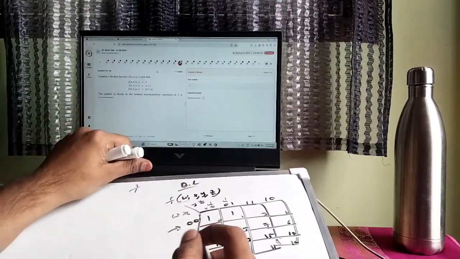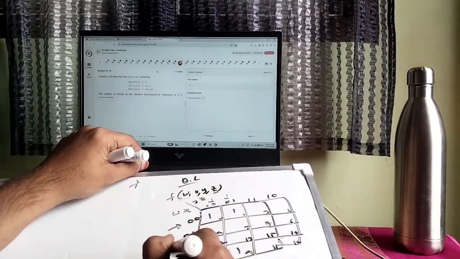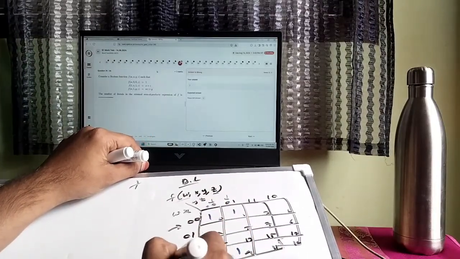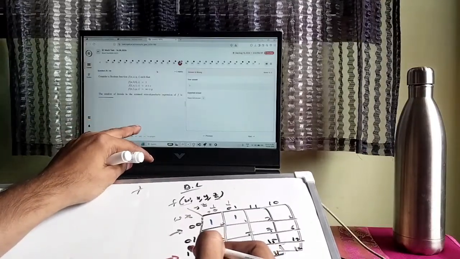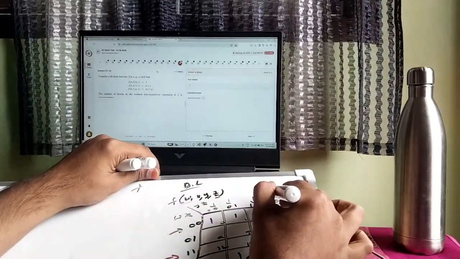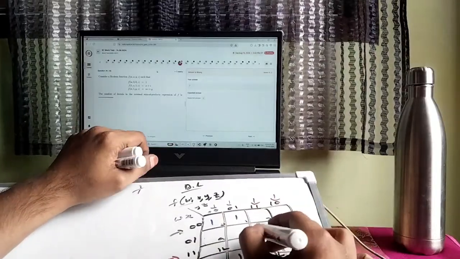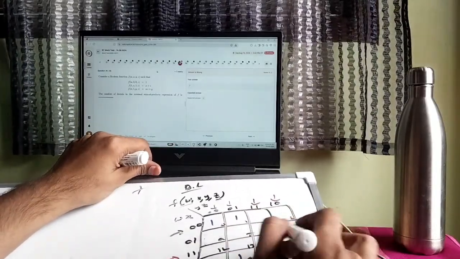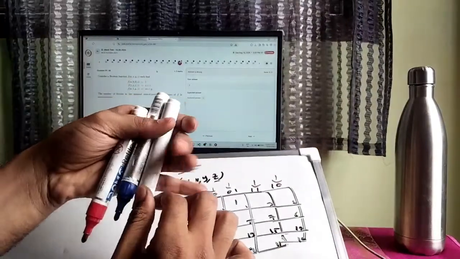The second function considers w as 1, so we consider this, and y as 1, so we consider this. The intersection in this square area, we have to consider x plus z.